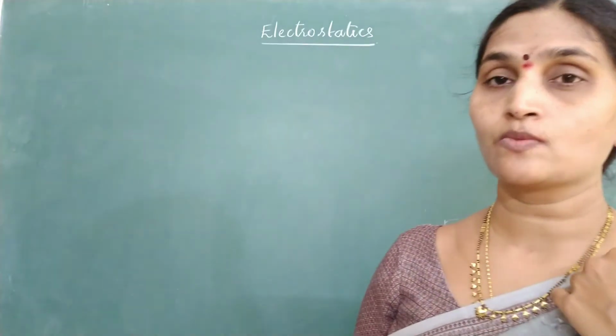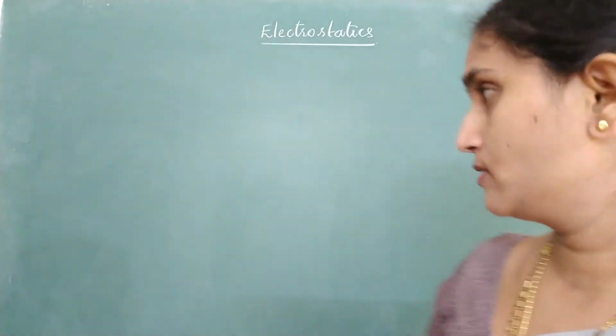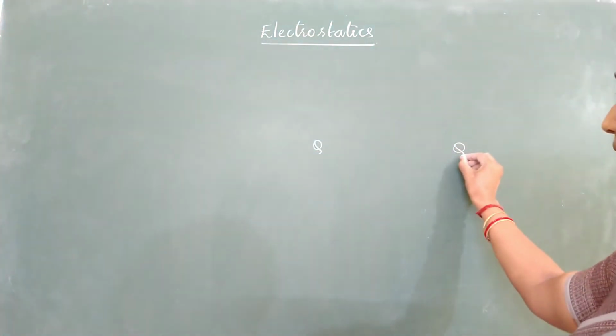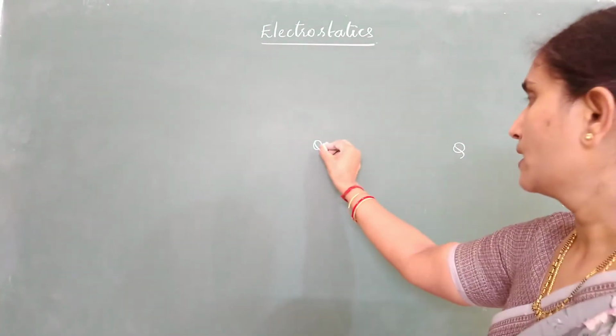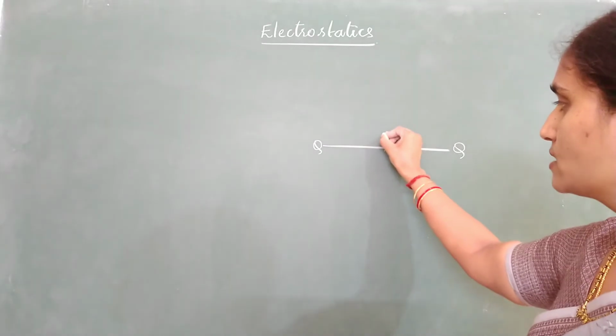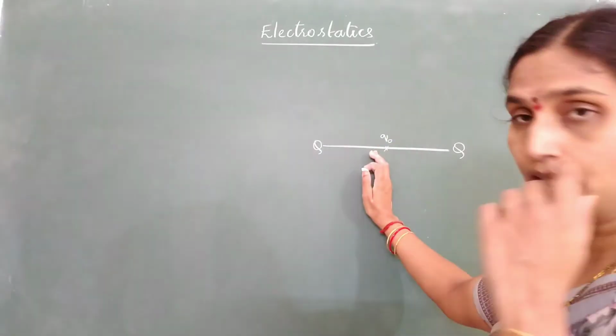Sometimes questions will be given like stable and unstable equilibrium of a charge. Look at this question. 2 point charges, each of charge q, are separated by a certain distance. Then we have kept a charge q naught, which is a positive test charge, exactly at the center.